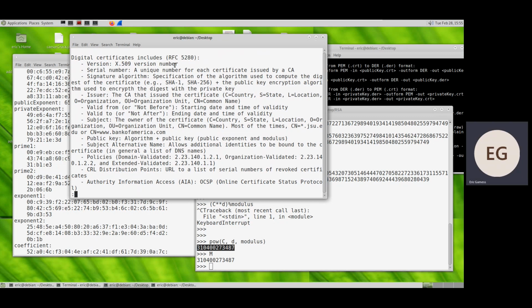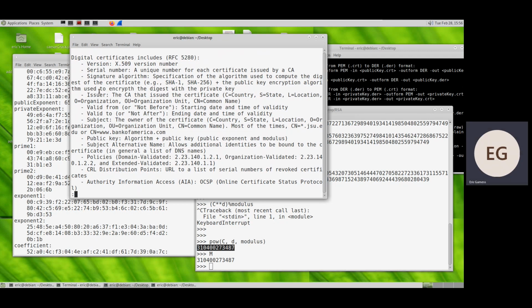So they will probably use SHA-256 to get a digital fingerprint, and then the certification authority will encrypt this digital fingerprint with its private key.